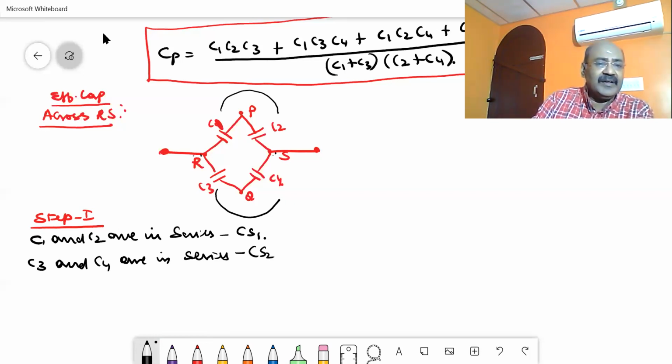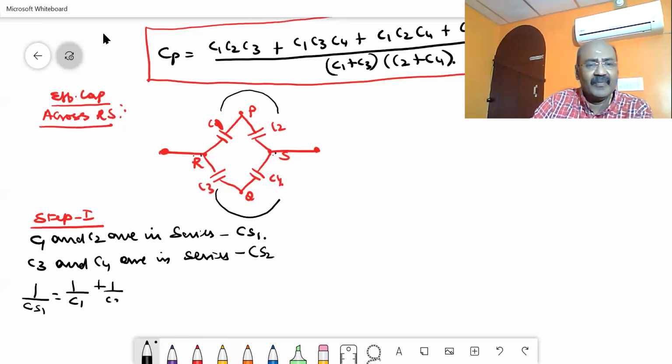Now you see C1 and C2 in series, so let us calculate 1 divided by CS1. I get 1 by C1 plus 1 by C2. Taking C1 C2 common, you get C1 plus C2 over C1 C2. Taking the reciprocal, CS1 is C1 C2 divided by C1 plus C2.